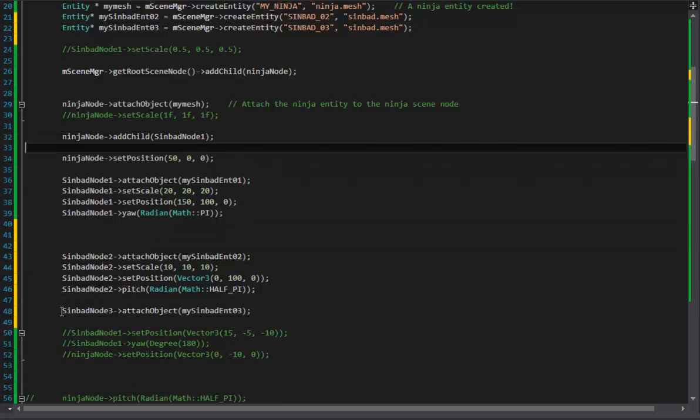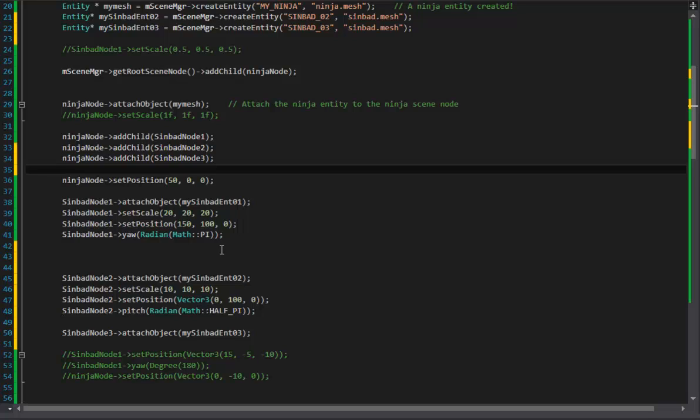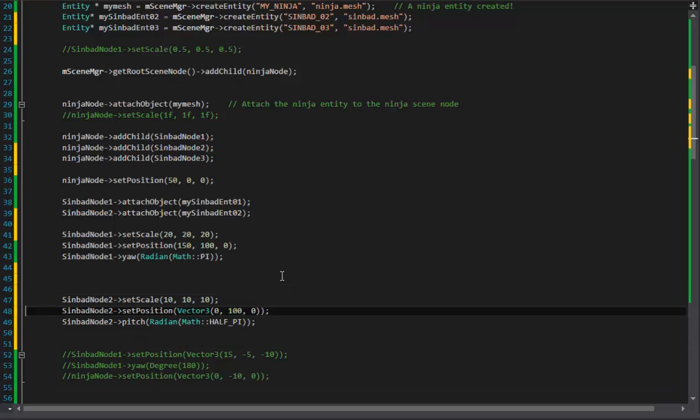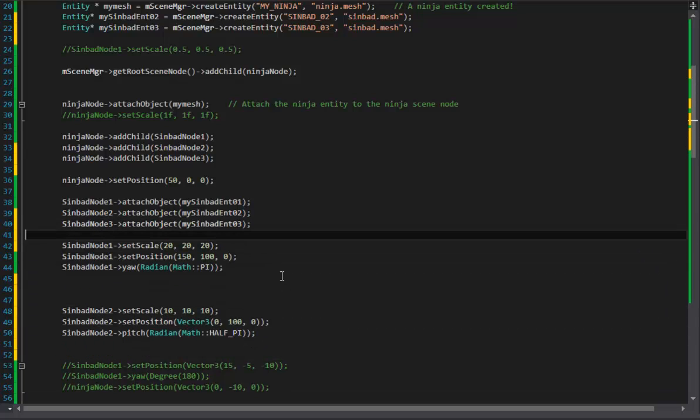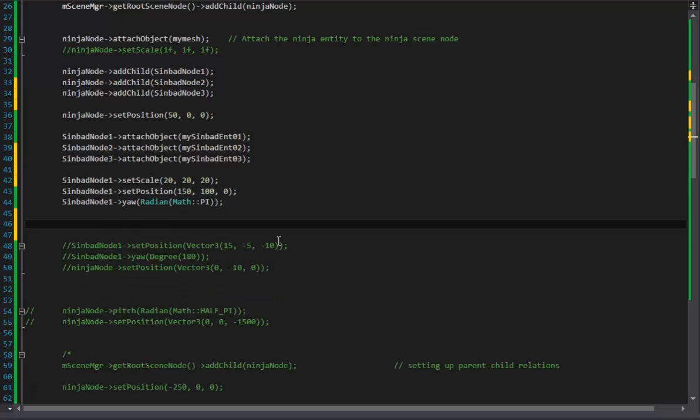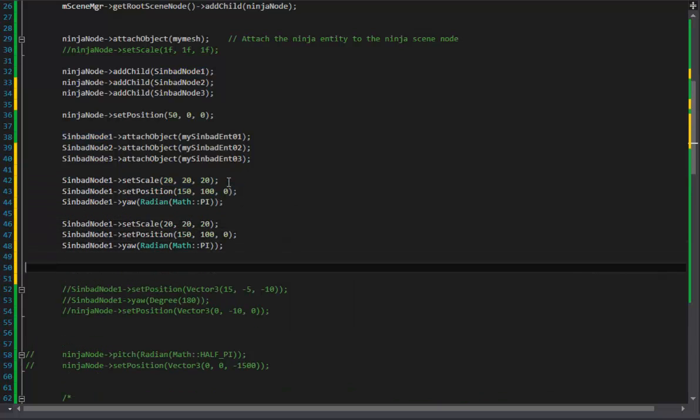So I'm adding all the Sinbad nodes to the Ninja node, and then I'm also going to attach the 3 Sinbad entities to their appropriate nodes. Now, since I already have done the movements and rotations for Sinbad node 1, I'm going to replicate these, one for Sinbad node 2 and one for Sinbad node 3.